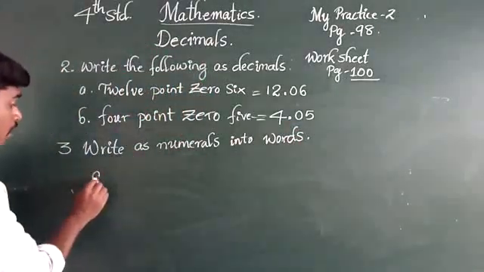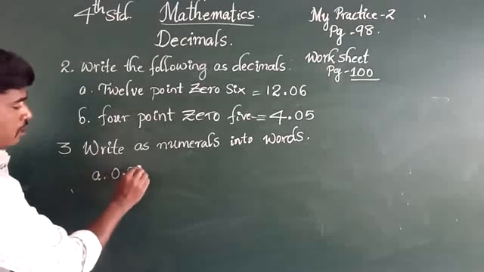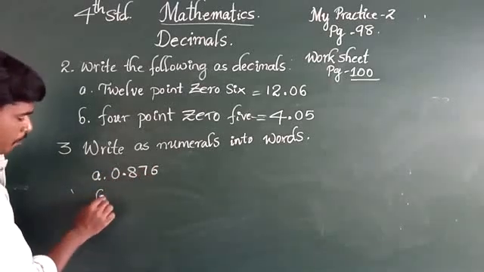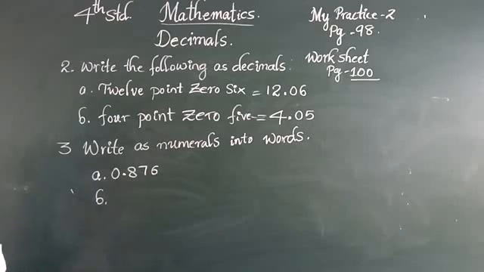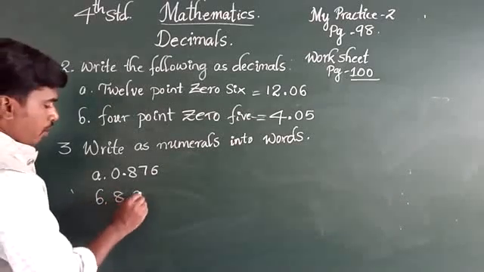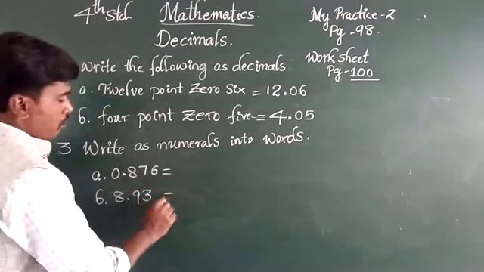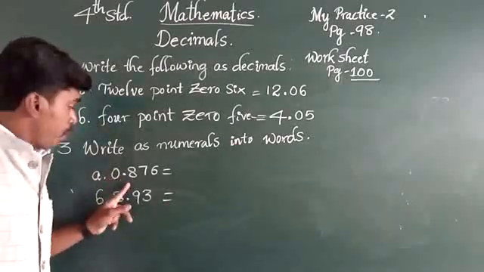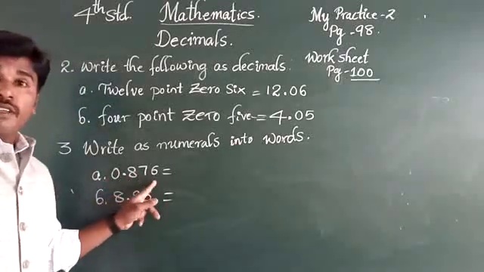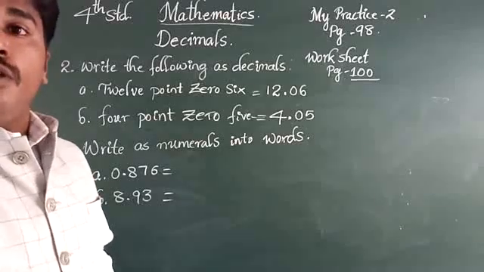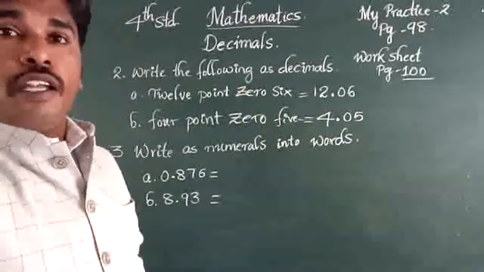A is 0.876, B is 8.93. Observe, it is 0.876. You write it in the words.